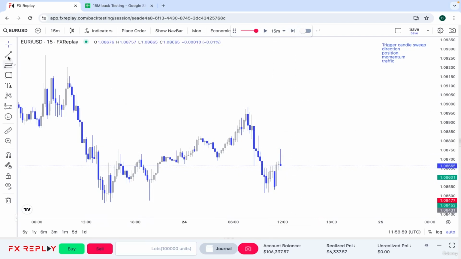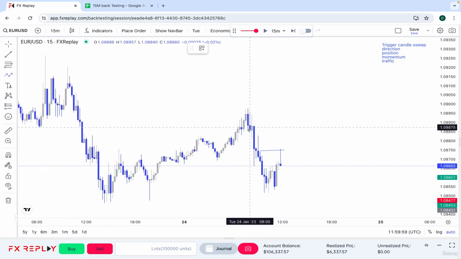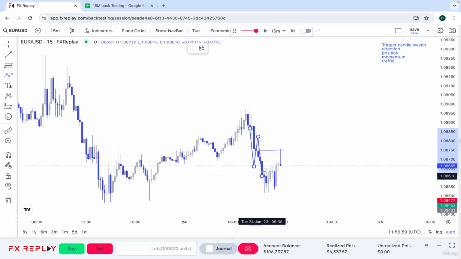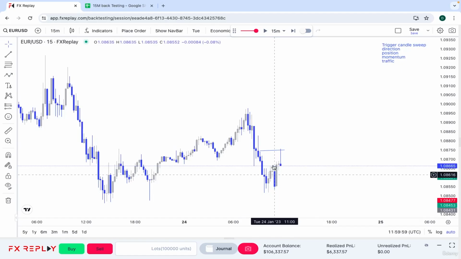We do get a trigger candle sweep there, but it's not entirely clear. So we've got direction like this, here, here, here, break to the upside. So it's fair to say the most recent price action is bullish there.